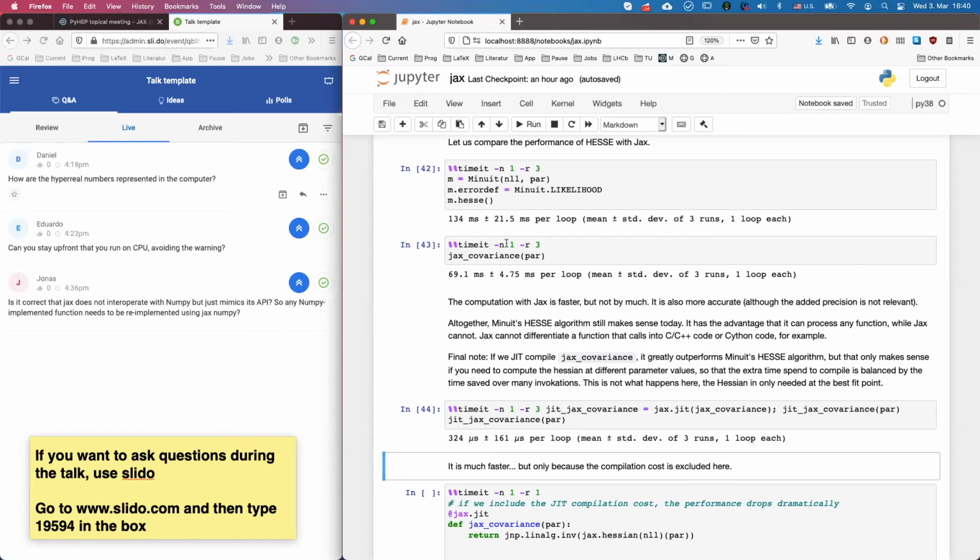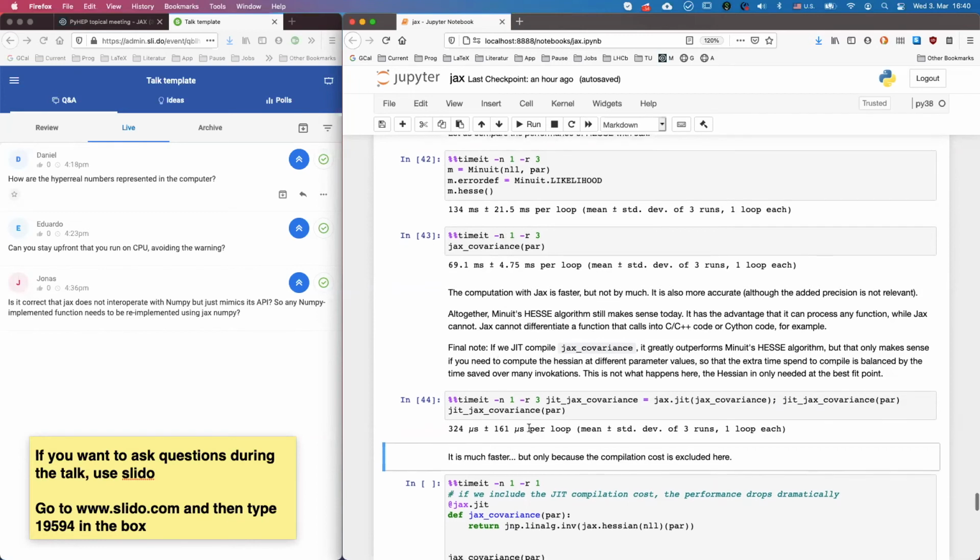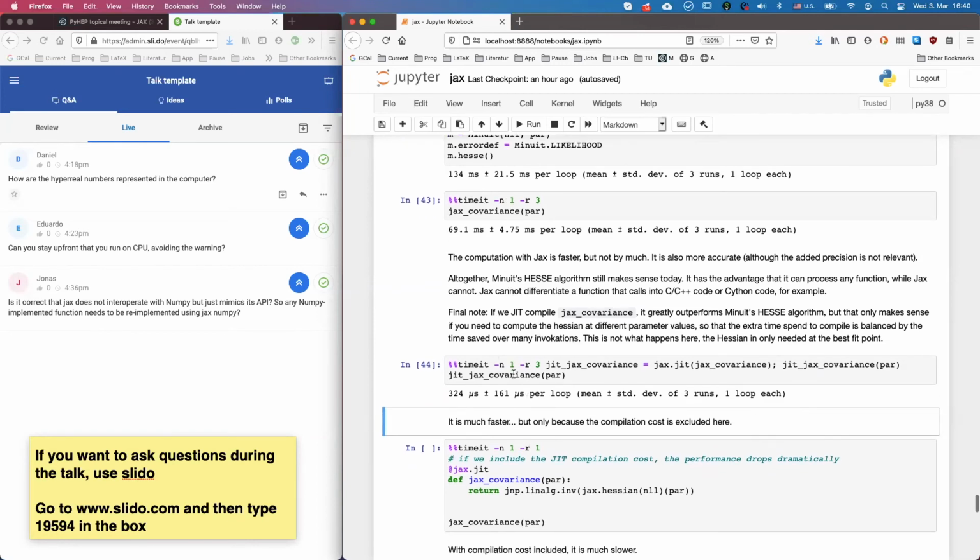In that case, there's some kind of compilation cost that JAX has to pay to figure out the derivative, and you cannot amortize this over many evaluations of the derivative. If you want to compute the Hessian not at one point but at many, many points for some reason, then JAX is much, much faster in doing that.